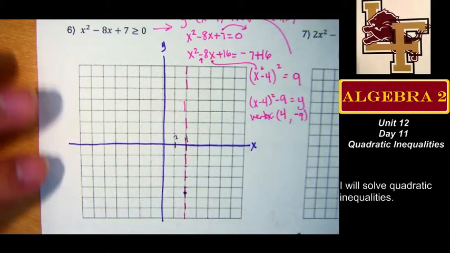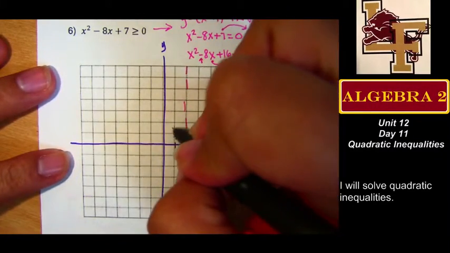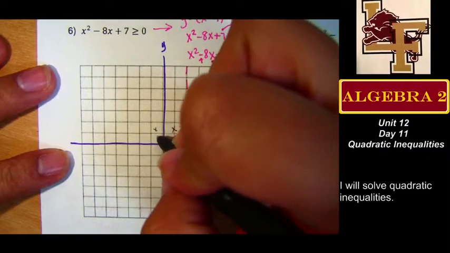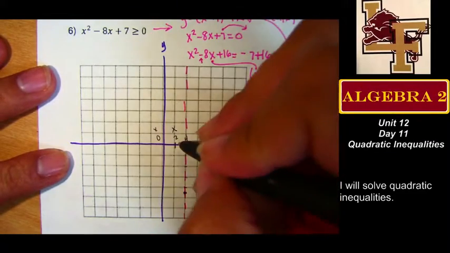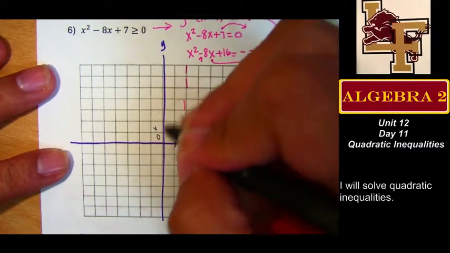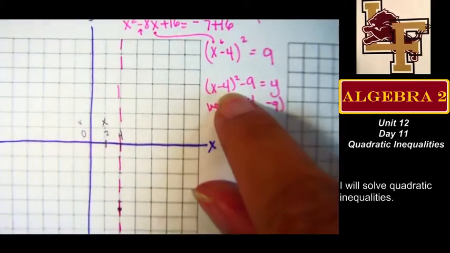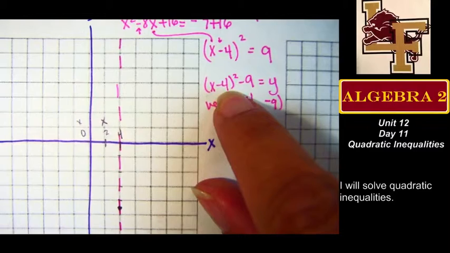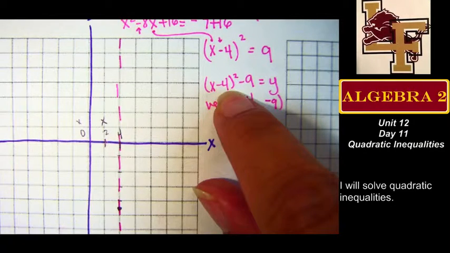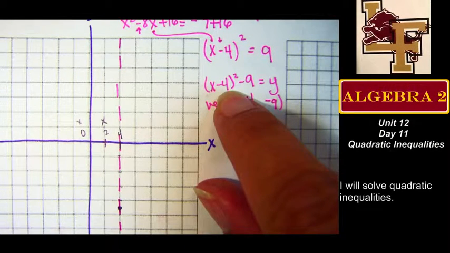Let me find when x is 2 and maybe when x is 0. Okay, so I'll have a point somewhere on this line and a point somewhere on this line. I'm going to come to this equation. When x is 2, what is the value of y? Okay, x is 2. So now I have 2 minus 4. 2 minus 4 is? -2.